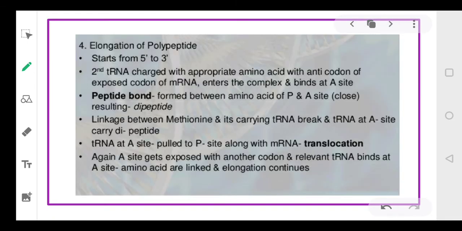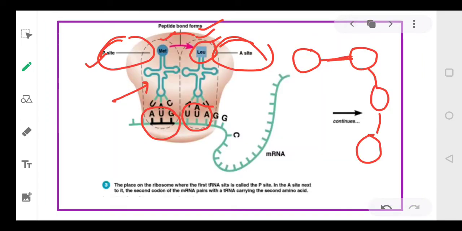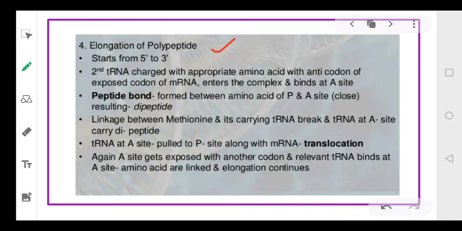So, elongation of polypeptide. As I said, the amino acids will keep on coming and will be joining with each other one after another. So this is called elongation of polypeptide. Elongation always starts from the 5' end and reaches the 3' end.